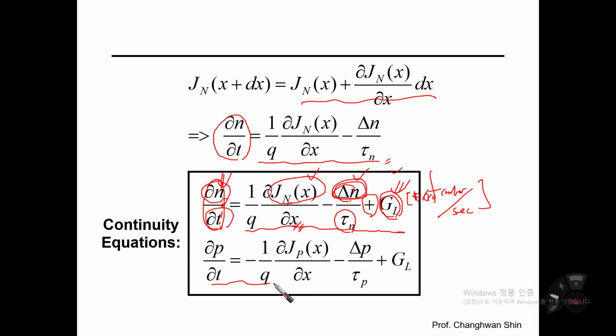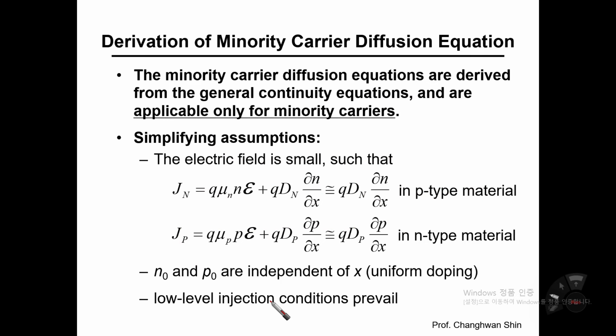On the last line, you can see almost the same equation other than n and p. Instead of n, use p, then you simply derive the continuity equation shown on the last line. So that is a very generic form of the continuity equation.